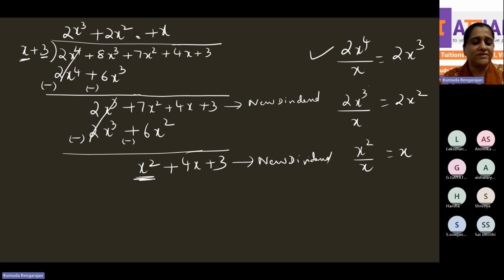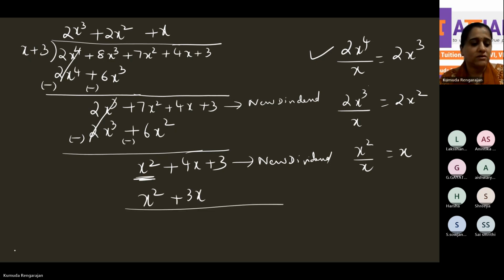Now again multiply x with the terms in the divisor. That is x into x, x squared, and x into plus 3, plus 3x. Change the signs. Plus becomes minus, plus becomes minus.